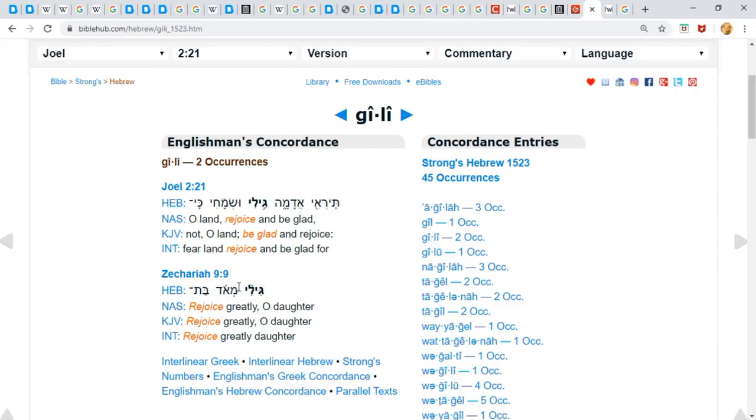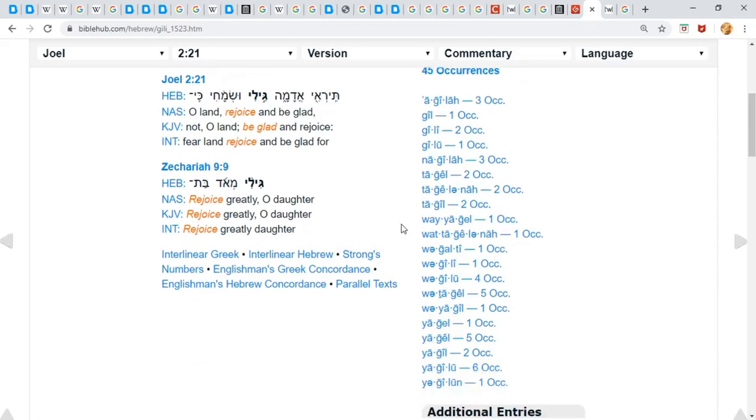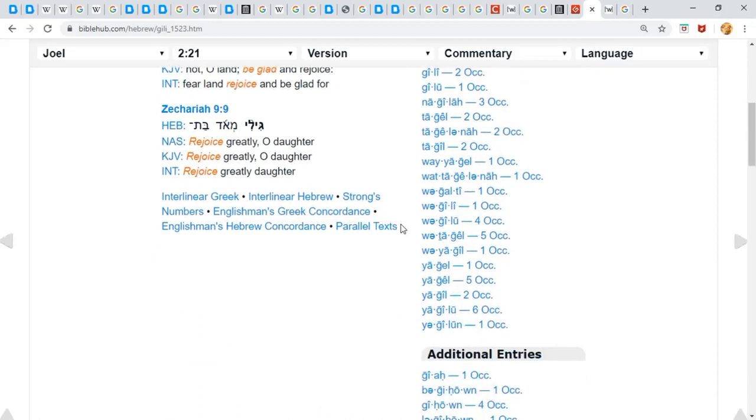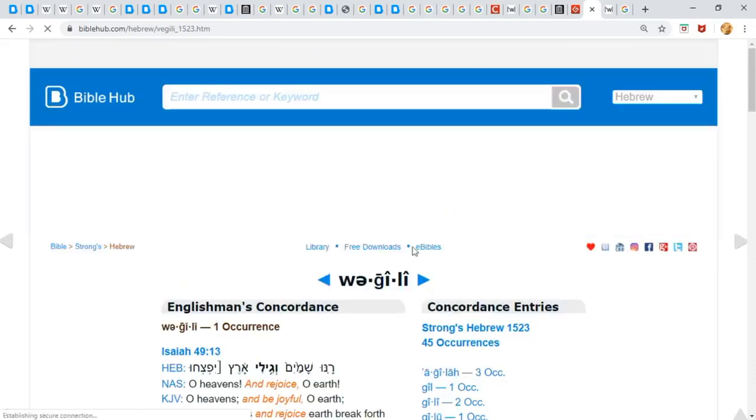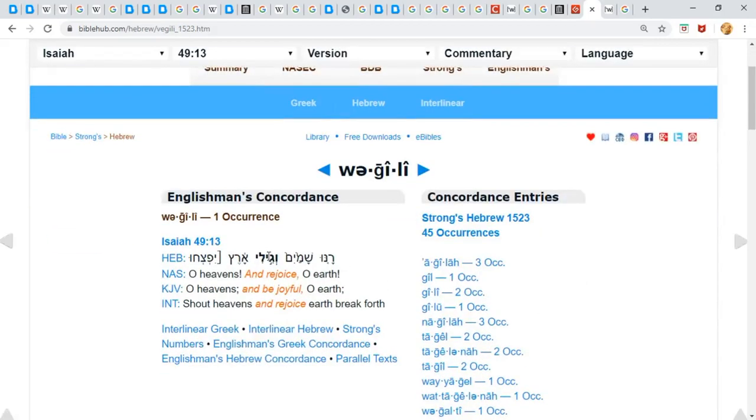Gilly, very gilly, but you can see it here in the wiggle, W-G-I-L-I, wiggly, and rejoice, wiggly.